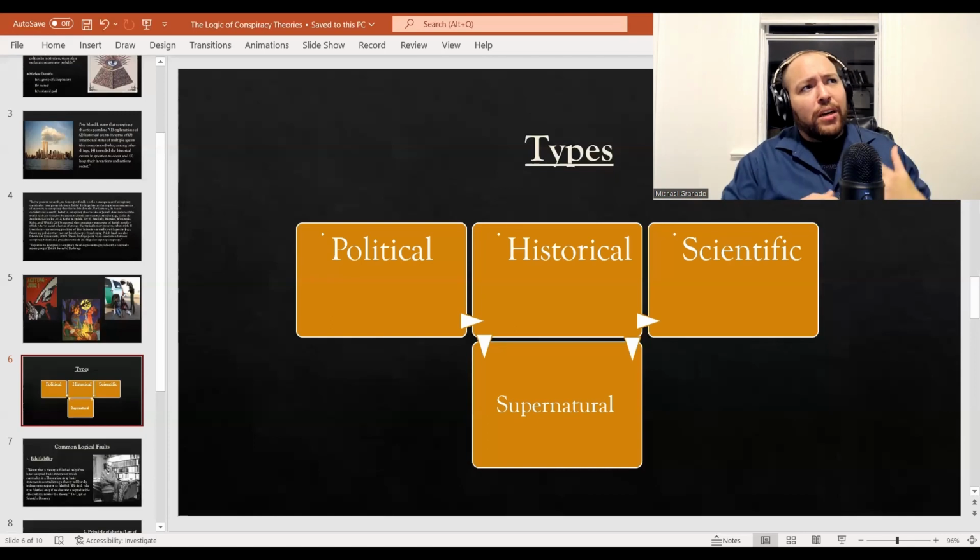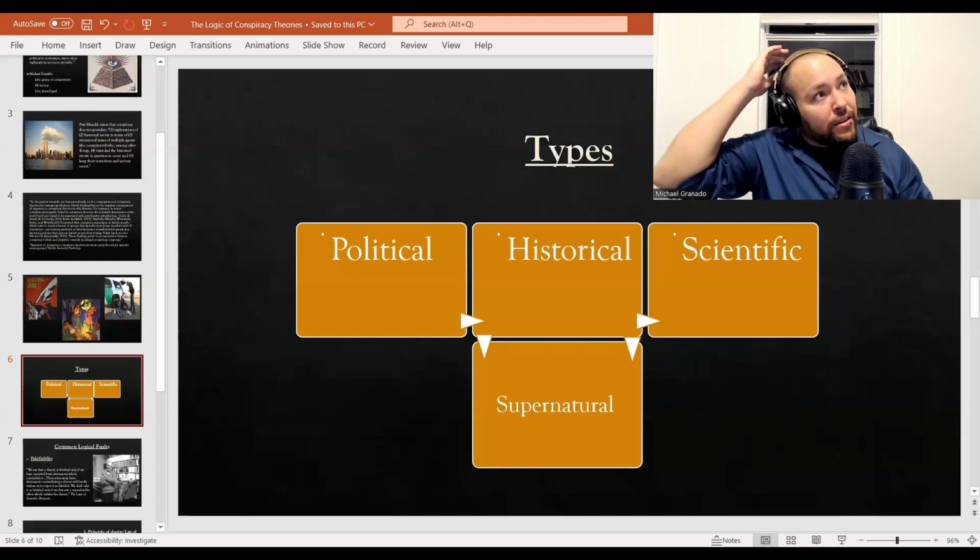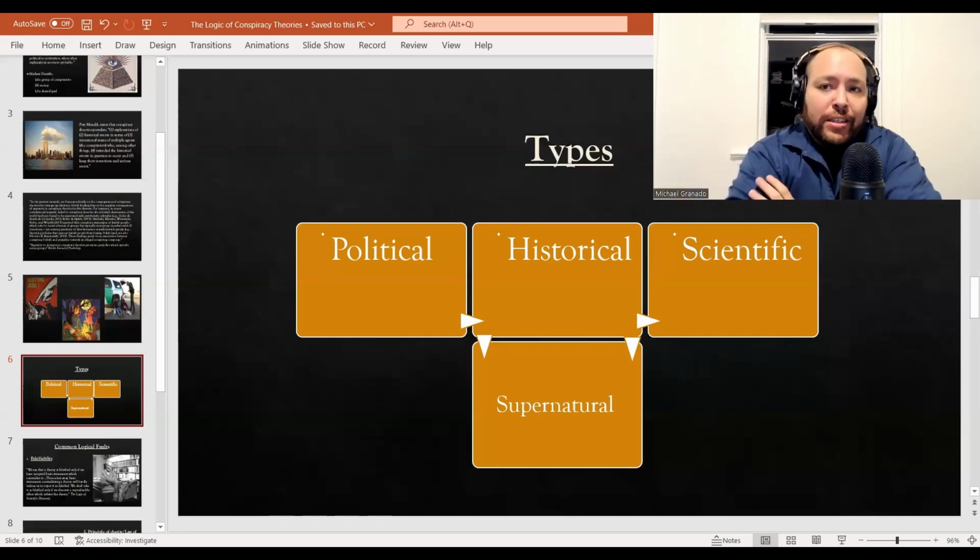For example, people like Graham Hancock and Randall Carlson promote the idea of long lost civilizations, the idea that there were ancient civilizations that existed before the rise of modern humans.